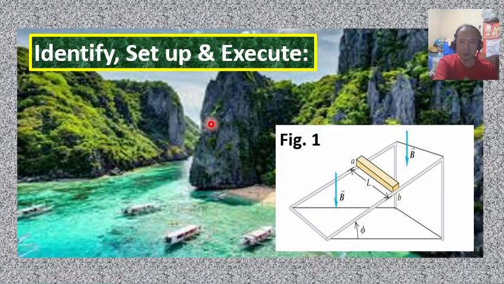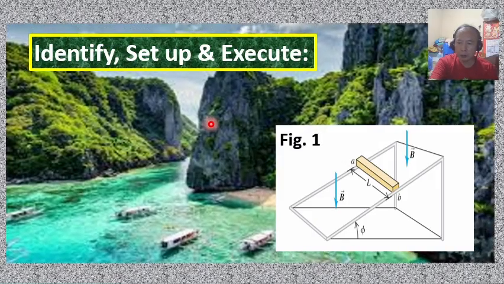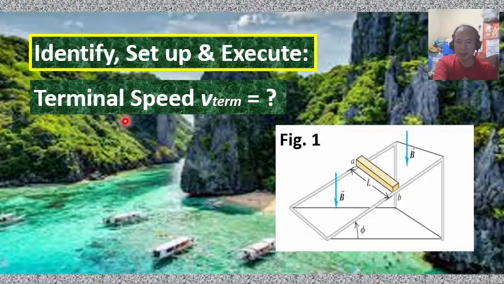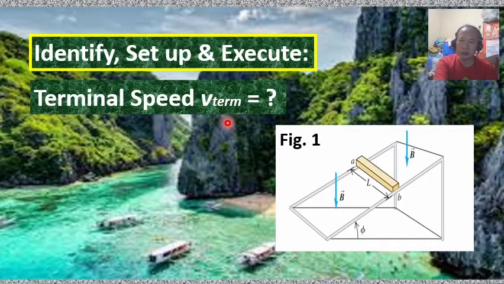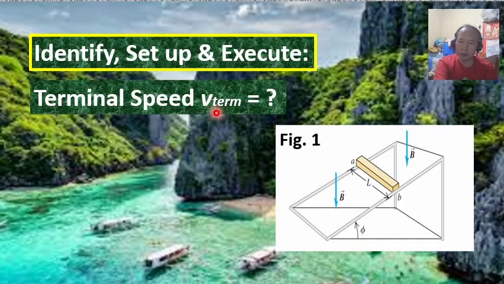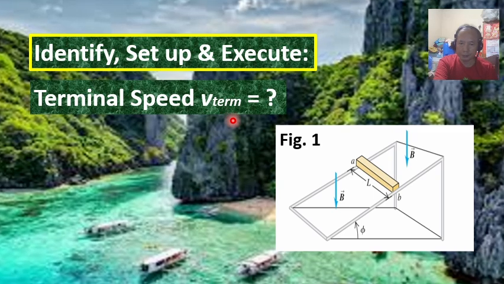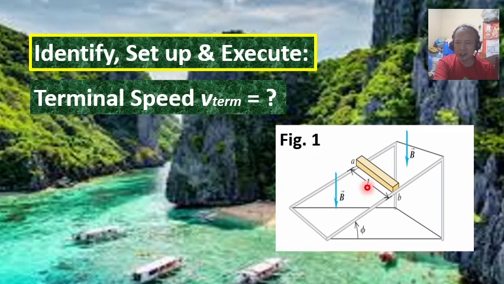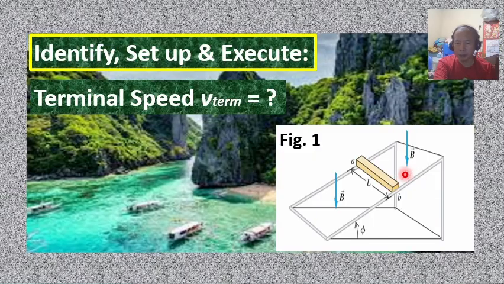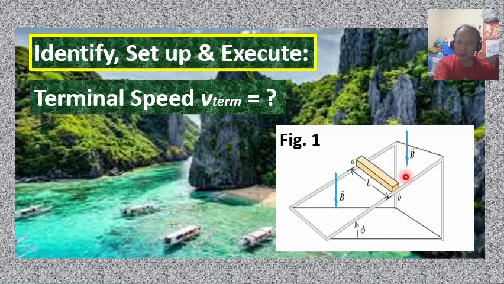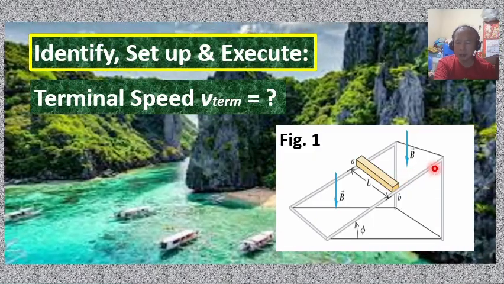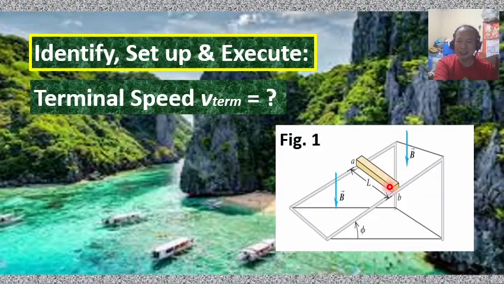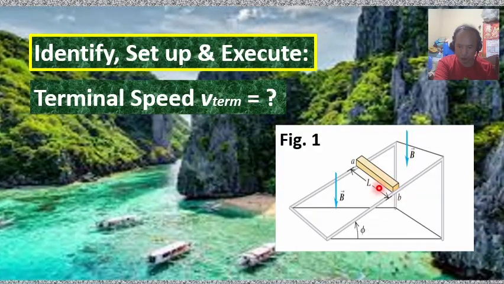We first identify our target variable, which is the terminal speed, labeled as small v terminal. It is the speed of the metal bar acquired when it stops accelerating down the incline, in other words, when it experiences zero net force.